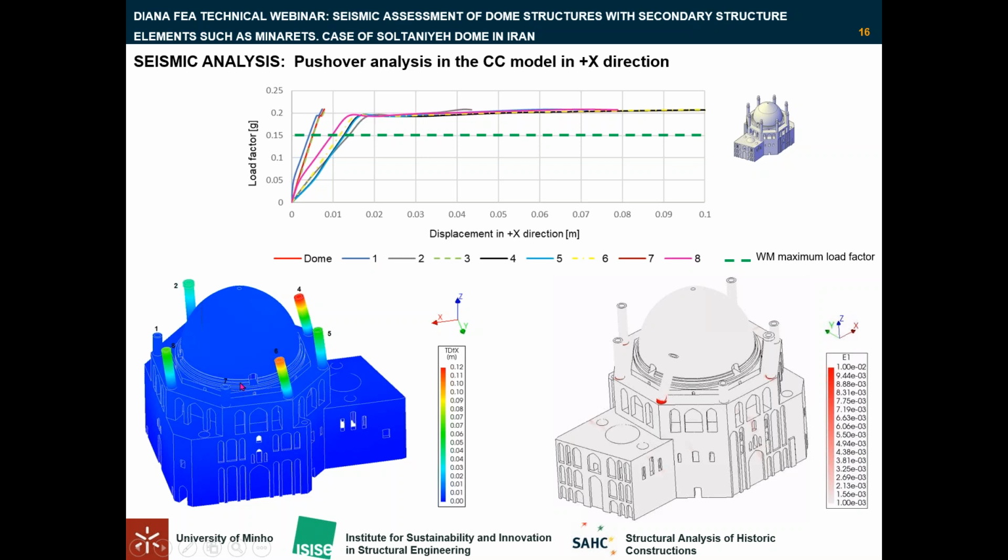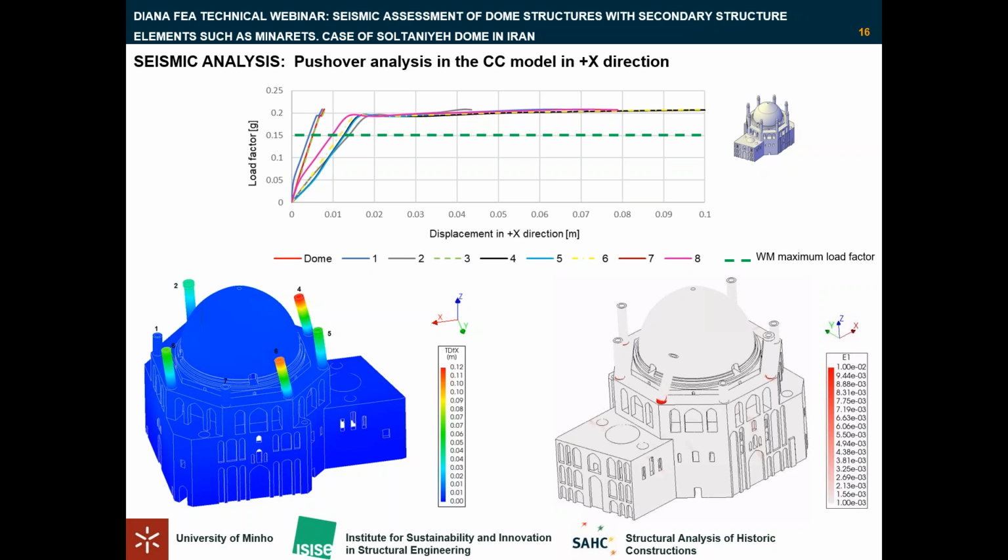In addition, minaret number 2, this minaret here, has been consolidated using steel belts, vertical steel elements, and also cement-based mortar. Unfortunately, detailed data considering design specifications, concrete and steel properties, and other related information were not accessible for inclusion in the finite element model.